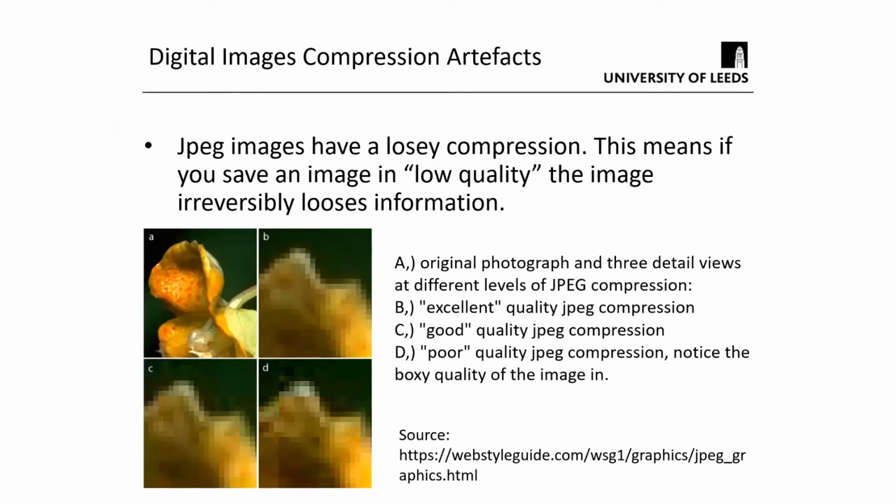So digital images, there's lots of ways of compressing your images, but all of them introduce artifacts. Most of them use issues around perceptual psychology of how your eyes work, and your eyes don't notice boundaries.